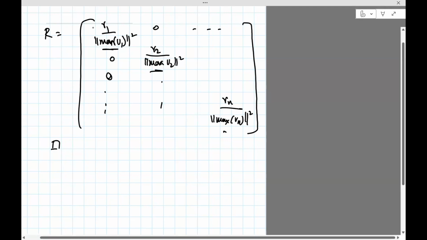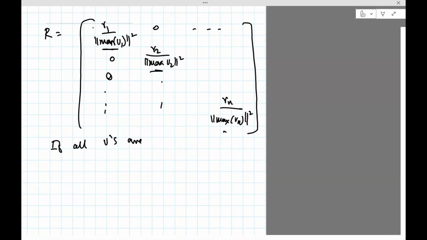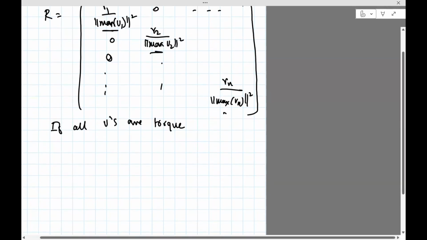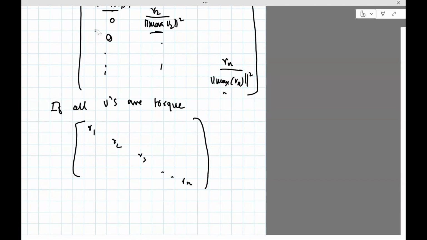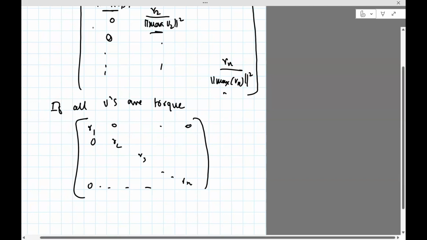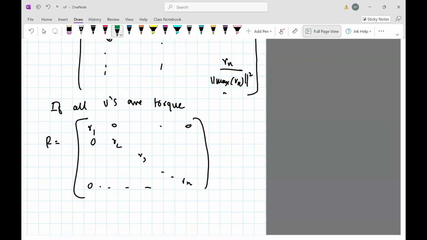If all U's are torque, then just do it this way: R1, R2, R3, so on till Rn. Because the non-dimensionalizing doesn't really help you here. Just use that, and then tune Rn numbers.